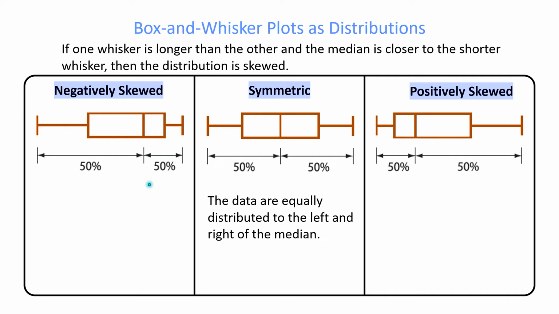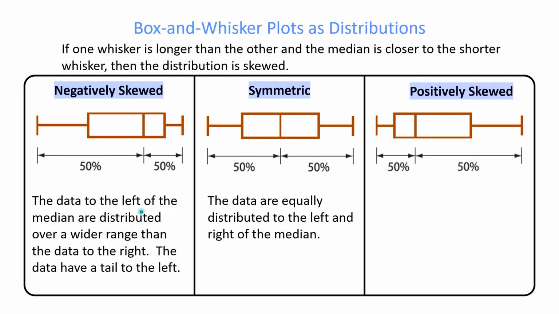Now looking at the negatively skewed distribution, the data to the left of the median are distributed over a wider range than the data to the right. And we can see that this is a wider range compared to this range over here. And the data have a tail to the left, so we'd have a tail to the left over here.